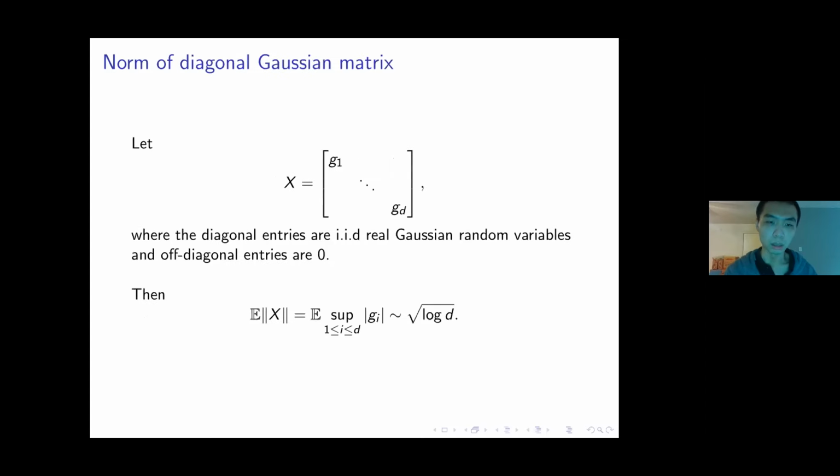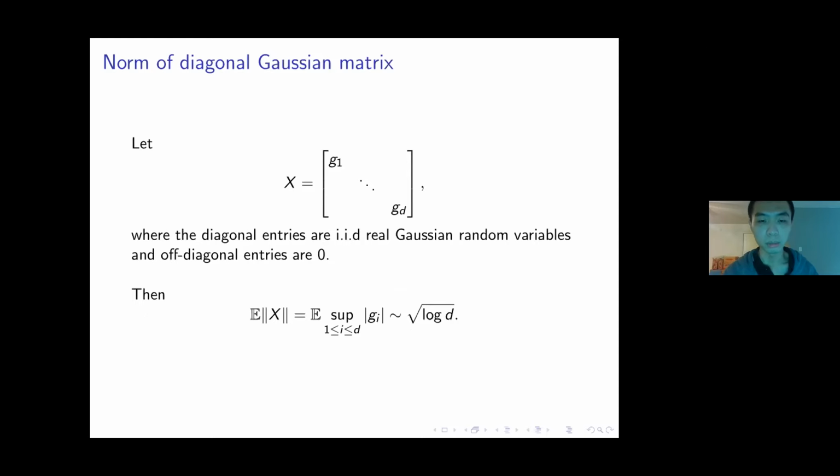This is another example, but it's somewhat opposite of the previous example. It's still jointly Gaussian, but the entries are concentrated on the diagonal. The off-diagonal entries are zero, and the diagonals are IID Gaussian.